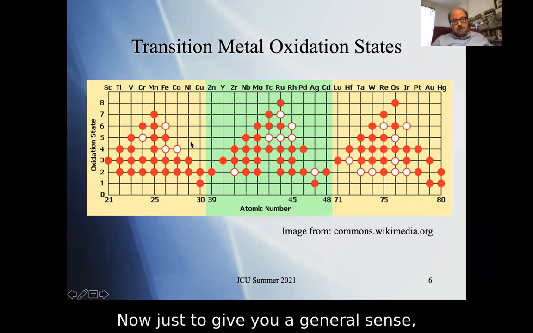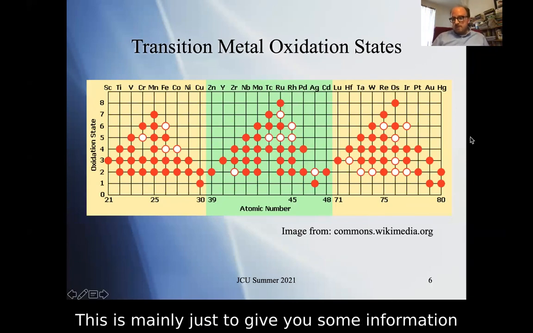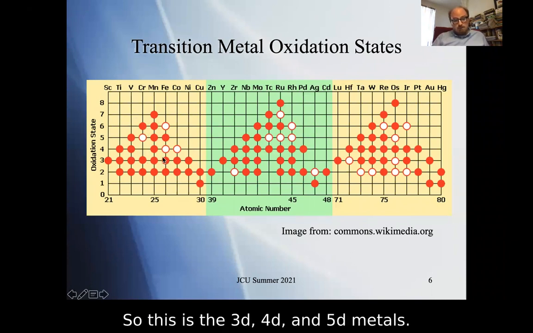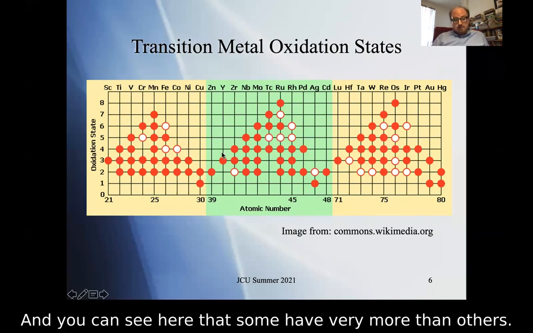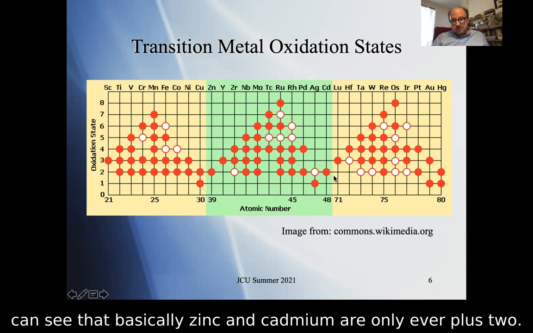Now, just to give you a general sense, this is not something you need to worry about remembering. This is mainly just to give you some information about the possibilities for oxidation states. So this is the 3d, 4d, and 5d metals, and you can see here that some vary more than others. One thing to point out: for zinc, cadmium, and mercury, you can see that basically zinc and cadmium are only ever +2.